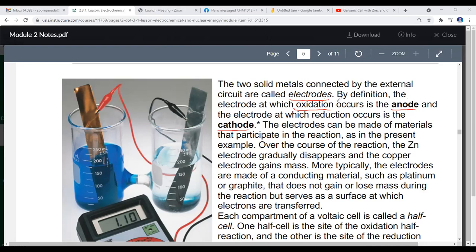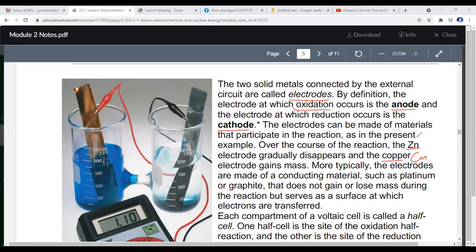The electrodes can be made of materials that participate in the reaction. As in the present example, over the course of the reaction, the zinc electrode gradually disappears and the copper electrode gains mass. More typically, the electrodes are made of conducting materials, so we don't limit it only to zinc and copper, but any conducting material, specifically a metal.